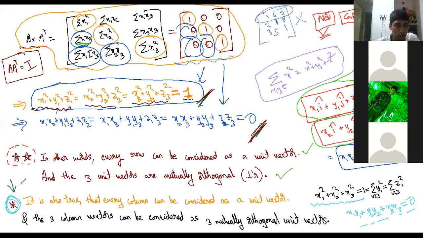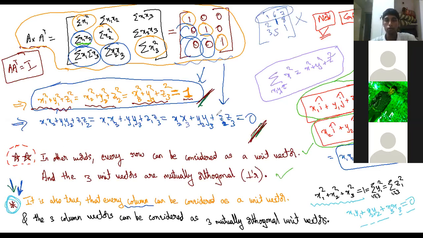Did you understand what we are saying by this last note? Honestly tell me. It is saying that you can say each row is a unit vector, and at the same time, you can also consider every column as a unit vector.